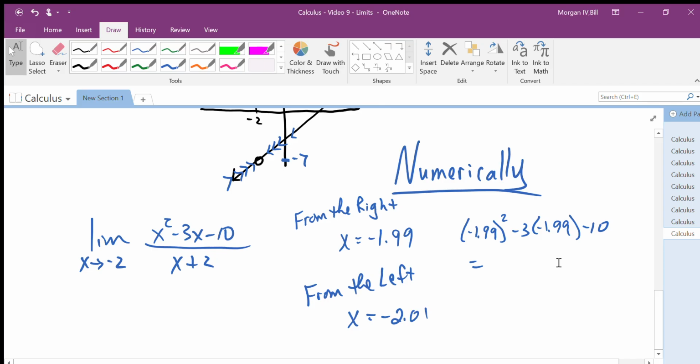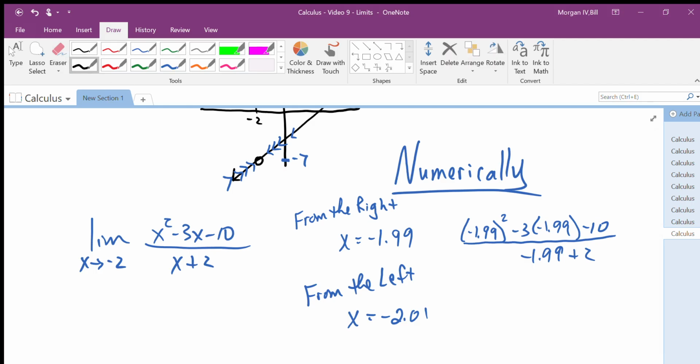Sorry, calculator error for a minute. I think my biggest problem is I forgot the rest of my problem there, negative 1.99 plus 2. I missed the bottom part of that.